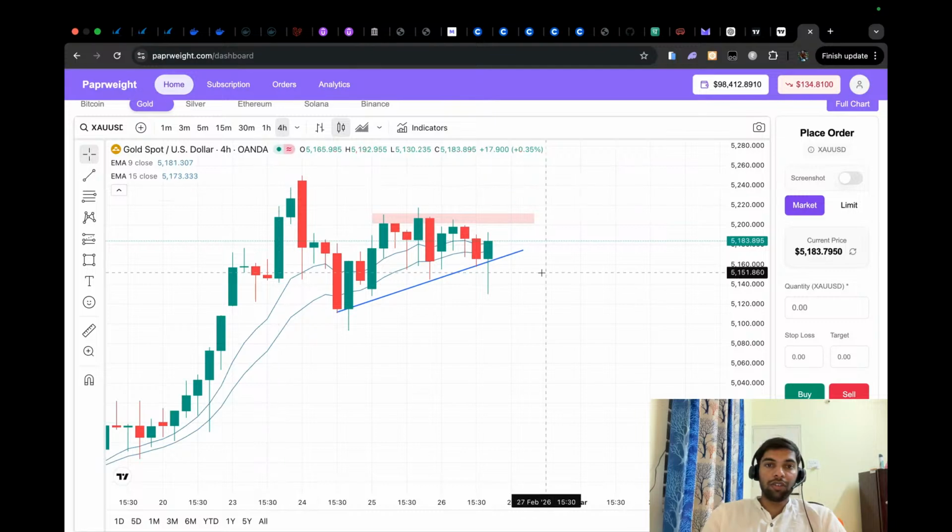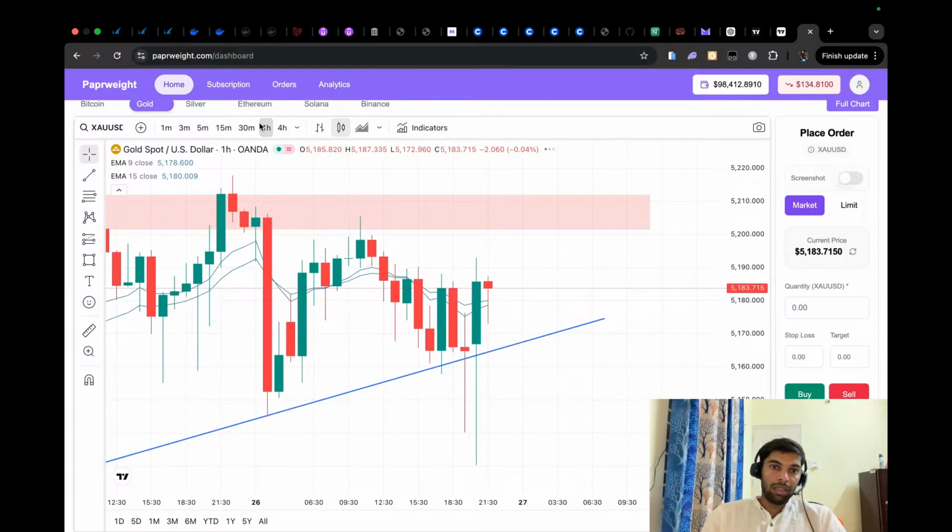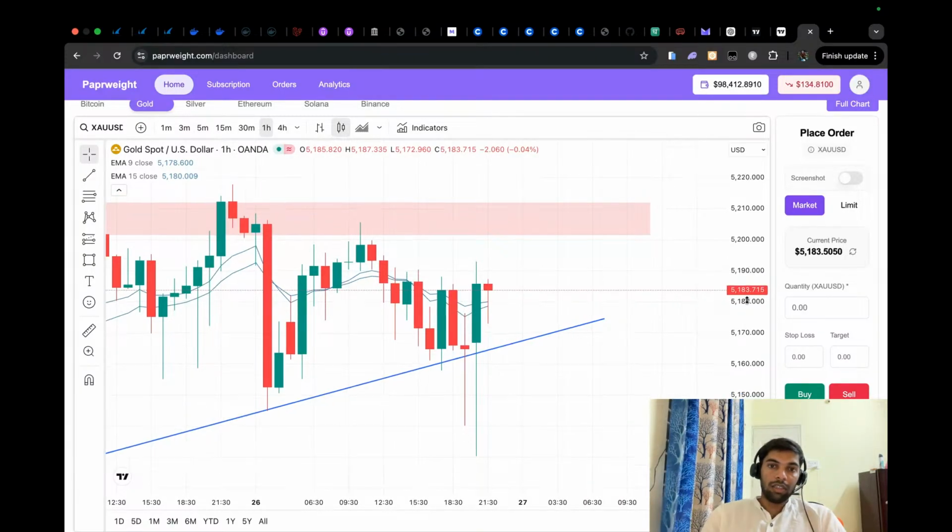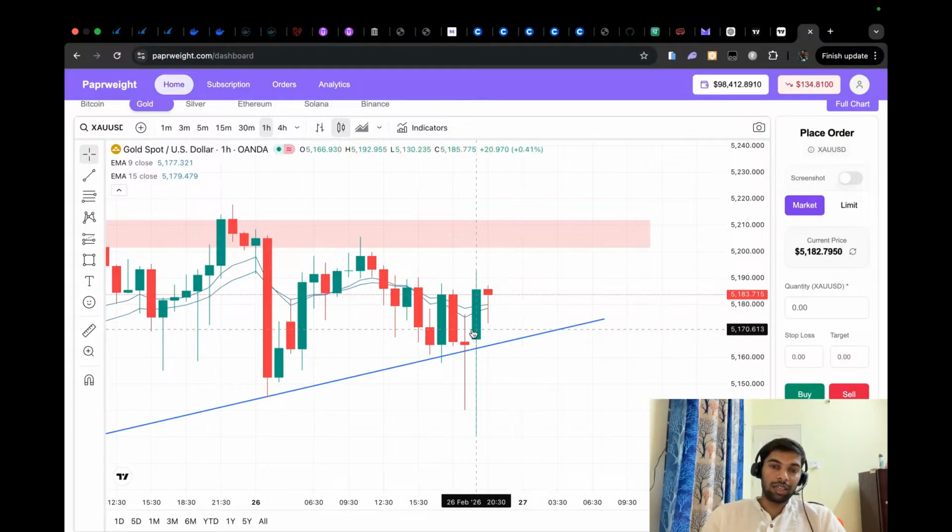The chances of breaking this zone are much higher because this candle has all the capability to gain the liquidity in the up direction. So let's see what is happening at the lower time frame. You can see that there is a trend line breakout, but it didn't sustain.